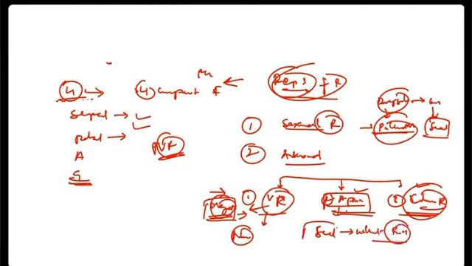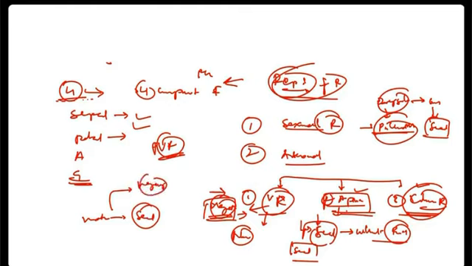So in apomixis, the embryo formed is again a seed, or the material used for regeneration is again the seed. But in vegetative reproduction, the material used for regeneration is just a vegetative propagule. So just remember this basic difference. Most students get confused with this particular difference. Okay, I hope, Archie, I'm clear.